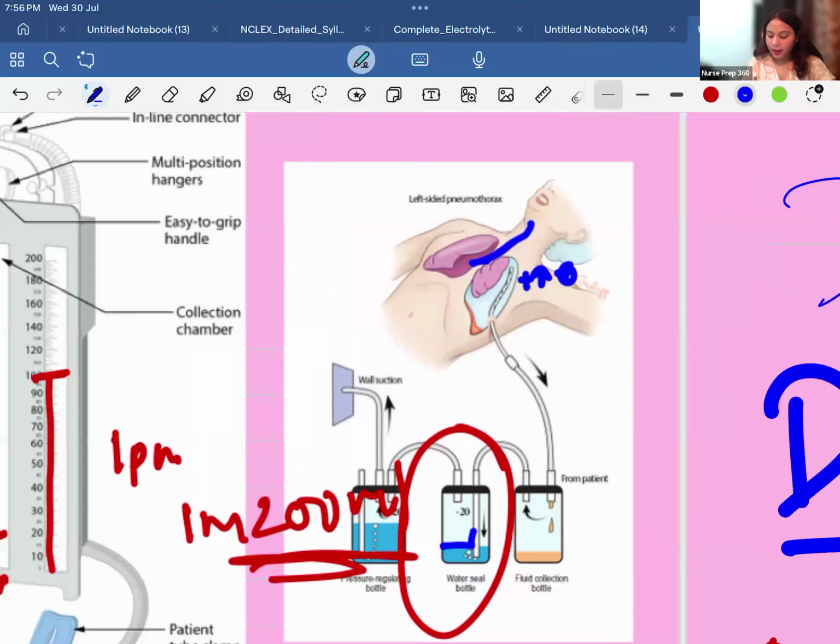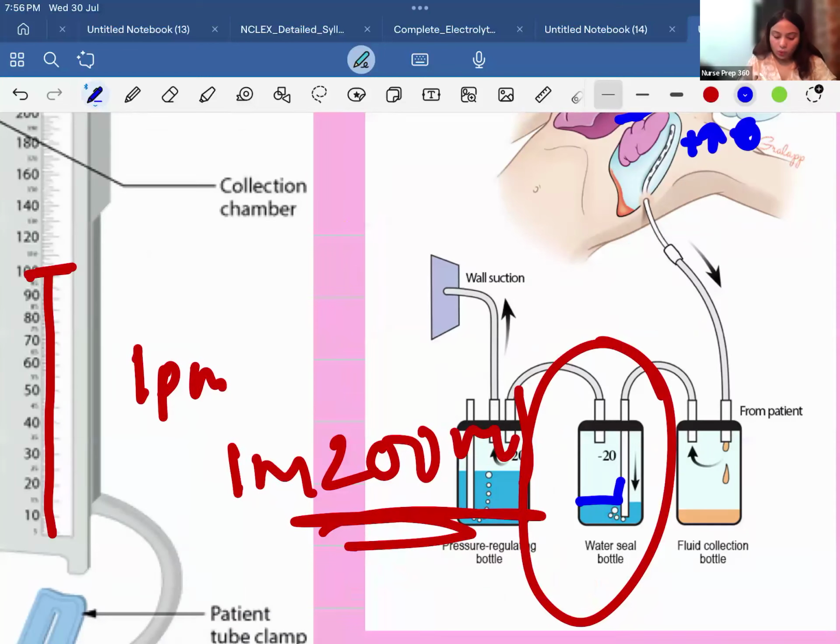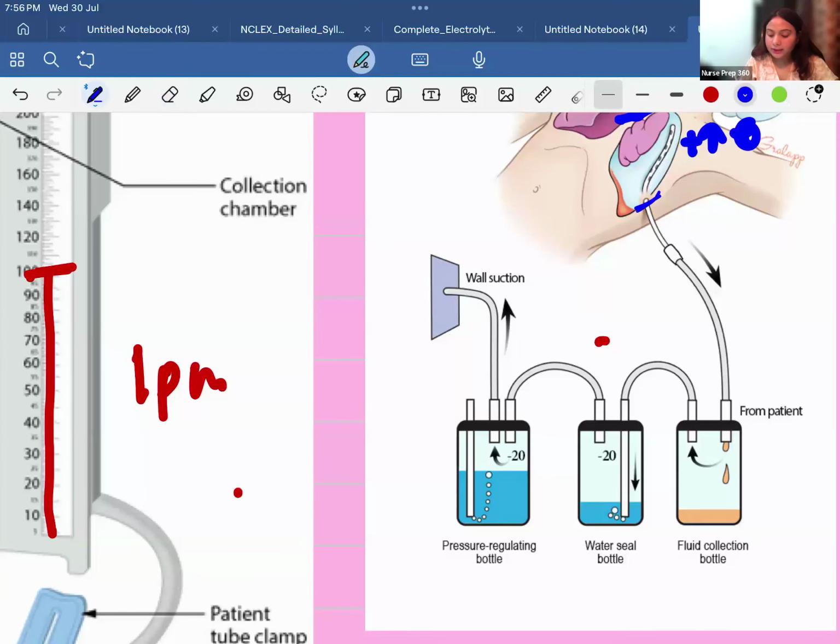The first problem can arise when the tube can come out, being removed or dislodged from this end. For example, when a patient is moving or very combative and removes the chest tube from the lungs, what will you do at that moment? That's why we have already asked you to place an occlusive dressing at the bedside.